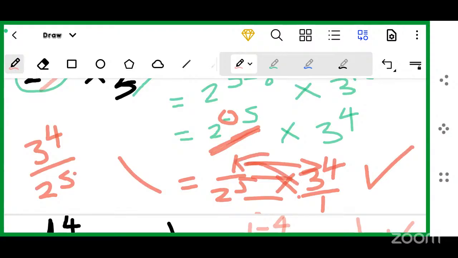Are we clear? Yes. Perfect. So do you want another example, or should I give you one to work out? I think you should give me one to work out.